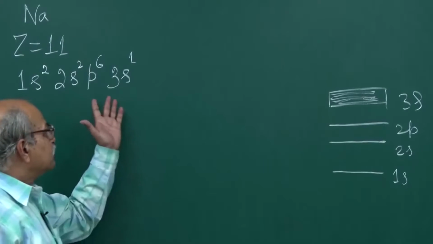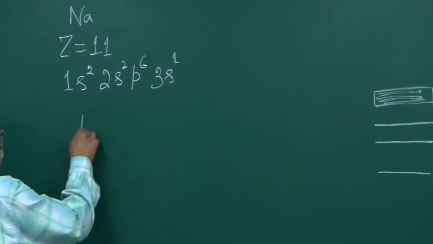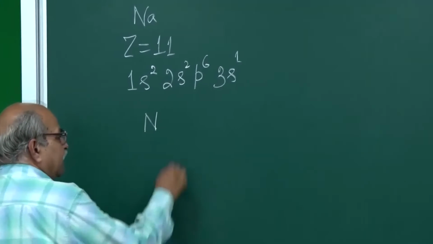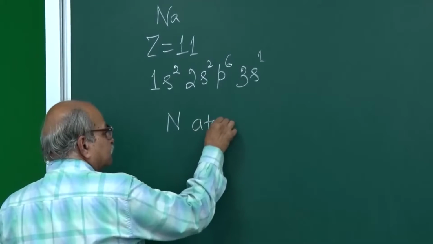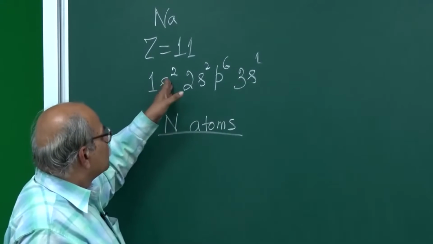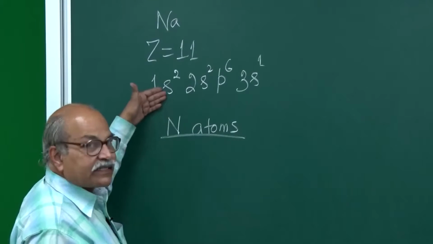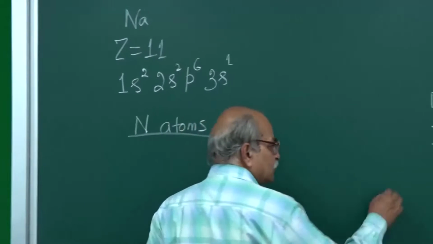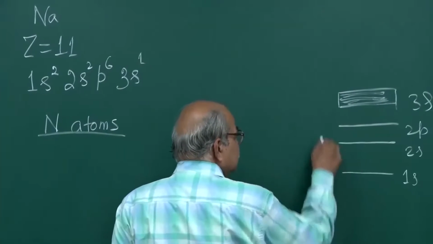Now, as far as a solid of sodium with n atoms, let us say, you have 2n electrons in the 1s state. So this is 2n electrons.